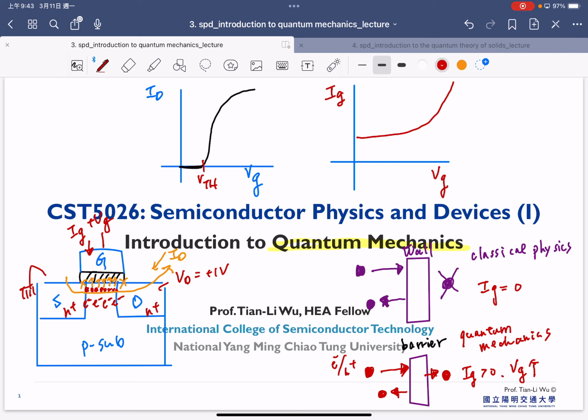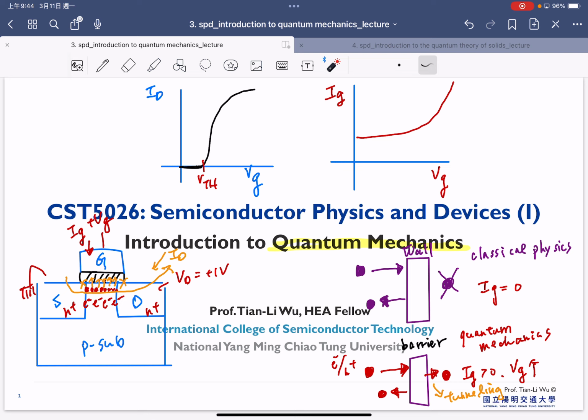The basic idea of quantum mechanics is that there is a phenomenon we call tunneling. Tunneling means that under certain conditions, even if you have an insulator, a wall here, once you throw the ball against this wall, you also have a chance to find your ball observed on the other side, which will be here.